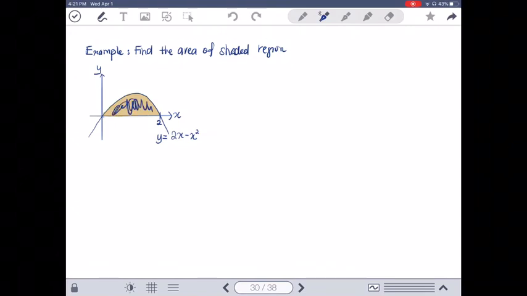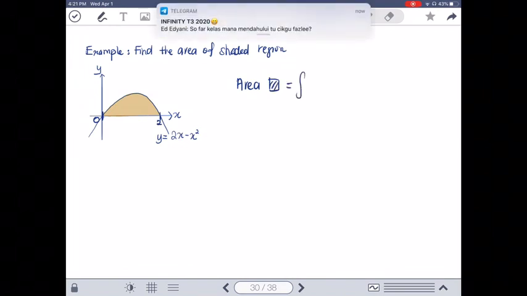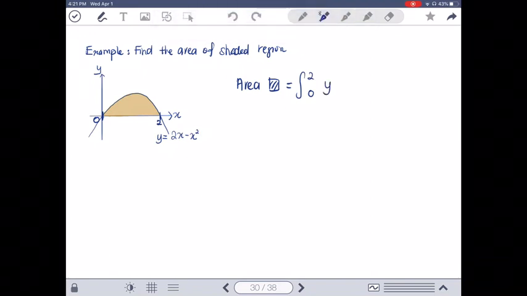Again, this x-axis boundary starts from 0 until 2, which means that we need to integrate from 0 until 2 of the function y with respect to x. So it's just equal to the integration from 0 until 2 of 2x minus x squared with respect to x.